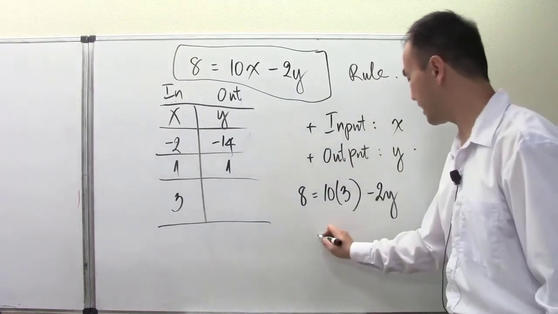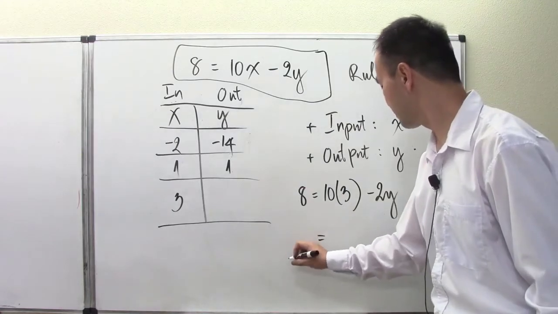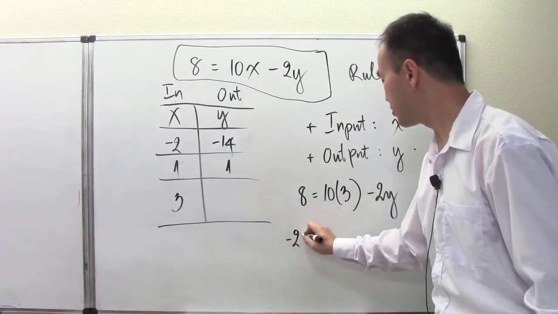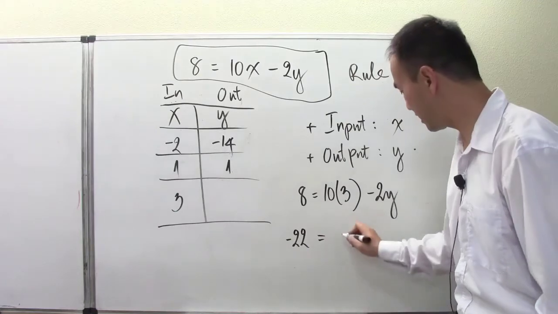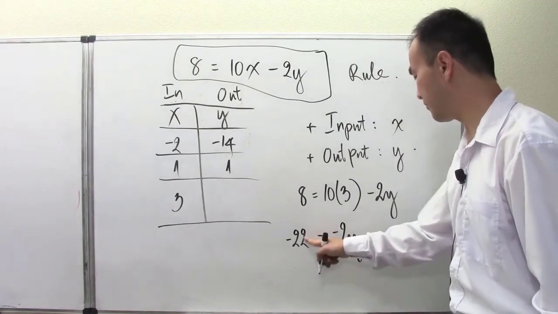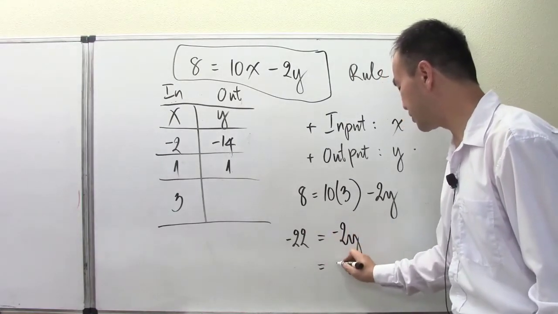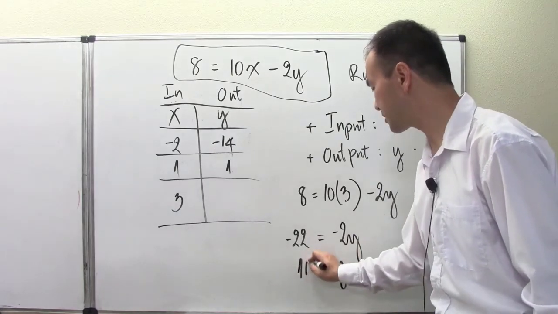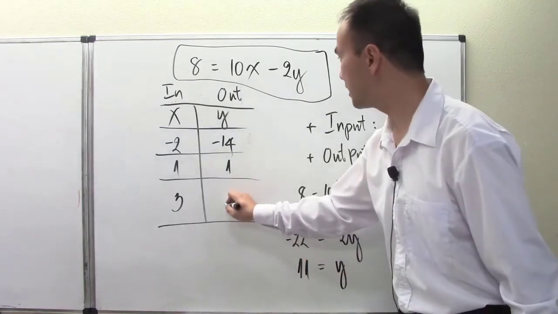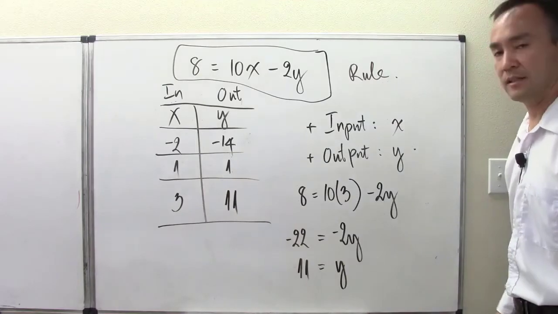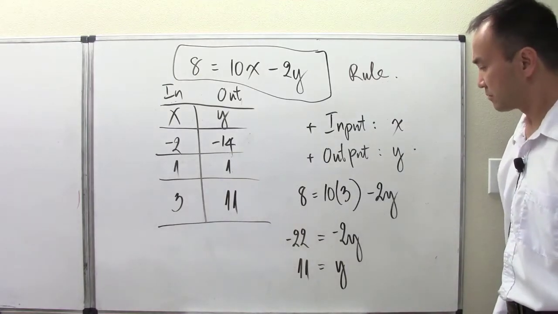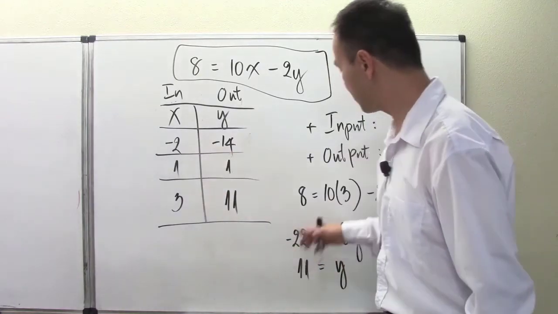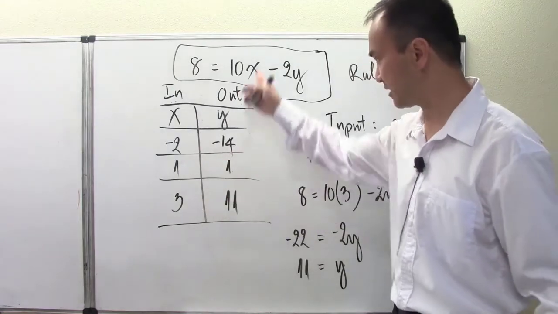So that gives me minus 22 equals negative 2y. I'm dividing both sides by -2. That gives me y equals a positive 11.